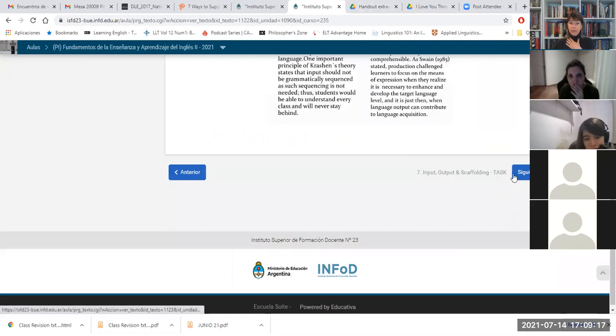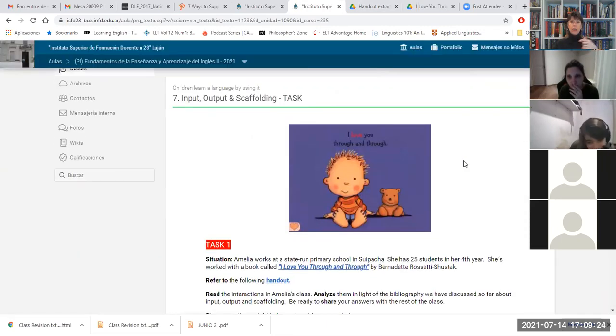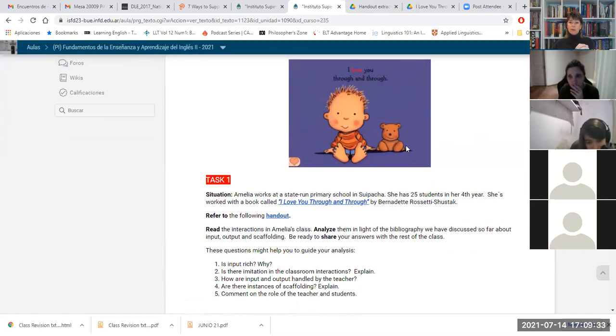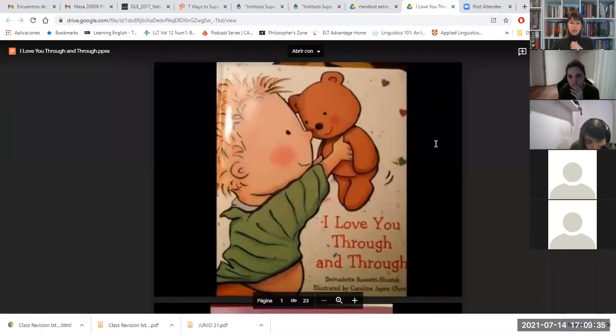And after that, which I don't know if we are going to get into, you needed to put everything together, talking about input, output, and scaffolding, with this text, which is called I Love You Through and Through, okay?